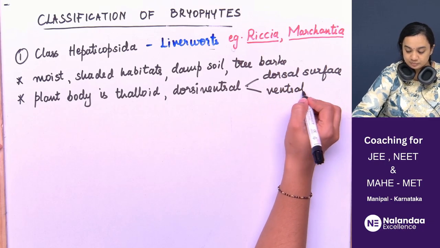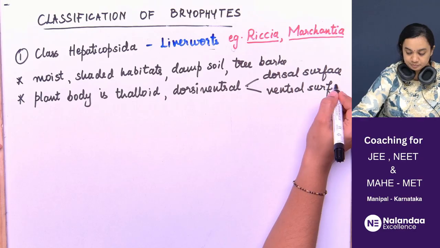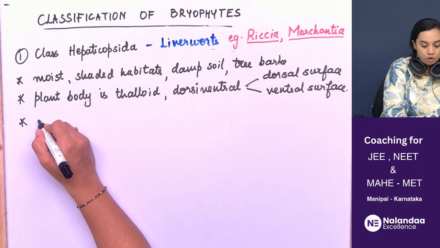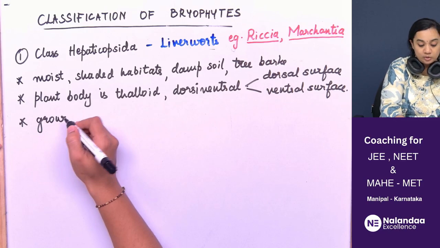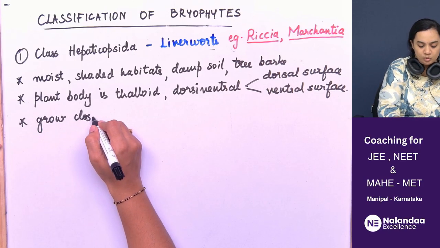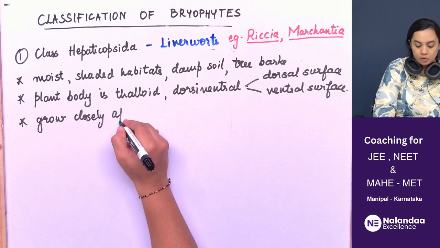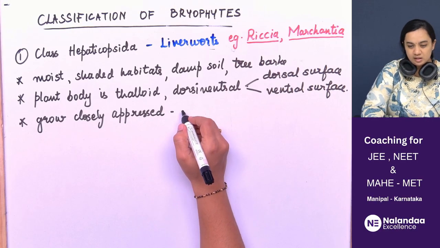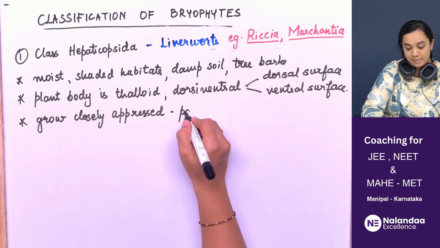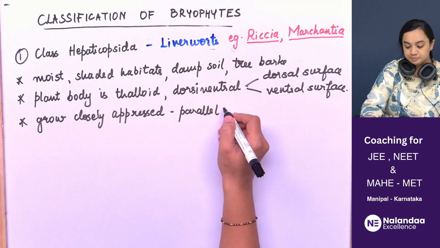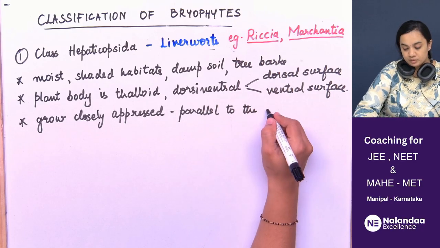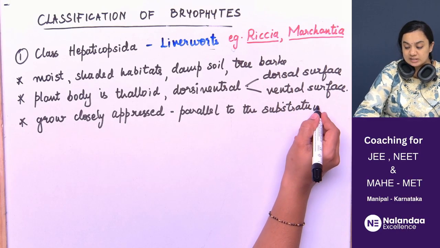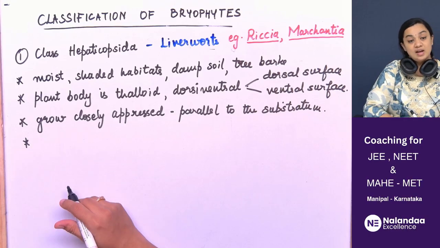And the plants grow closely pressed to the substrate, meaning they grow very close and parallel to the substratum, anchored to it by means of rhizoids.